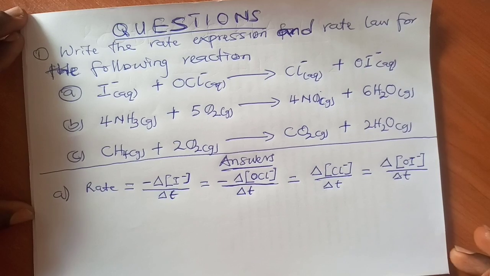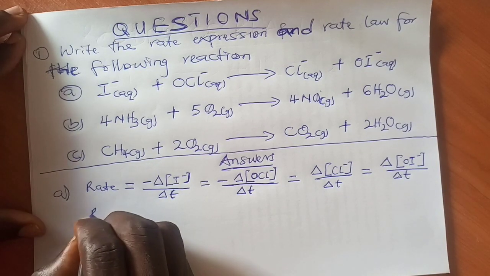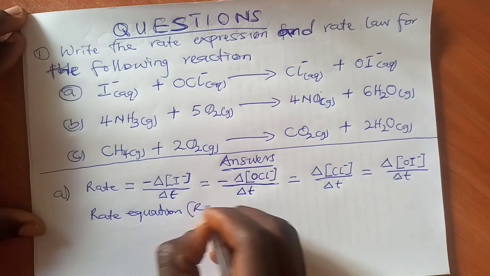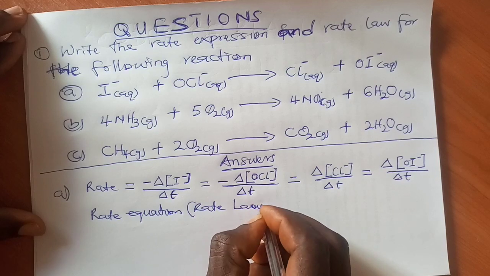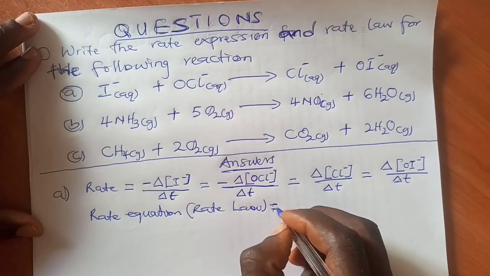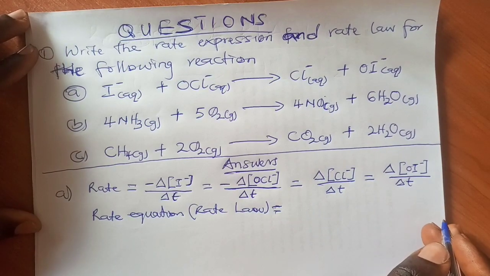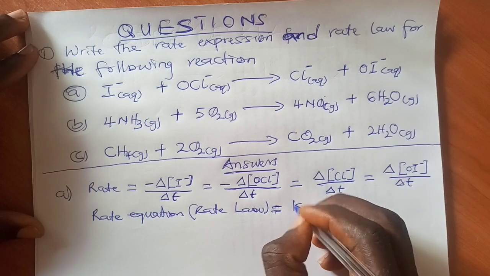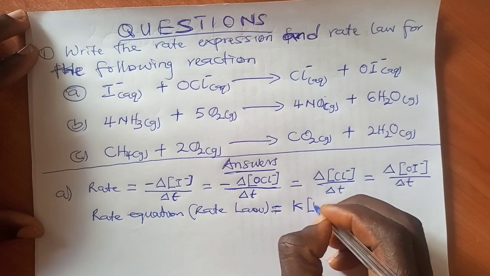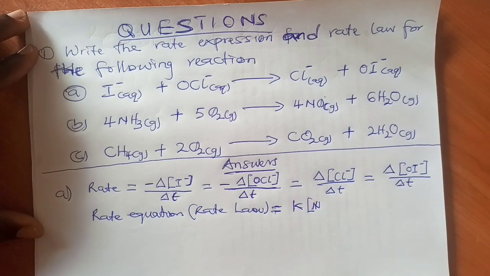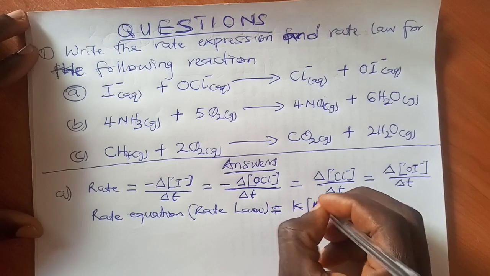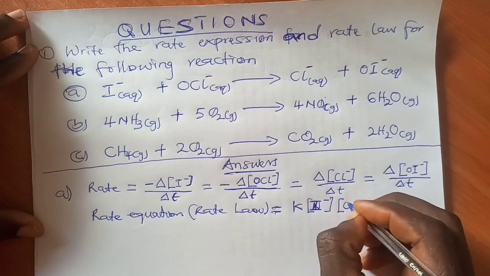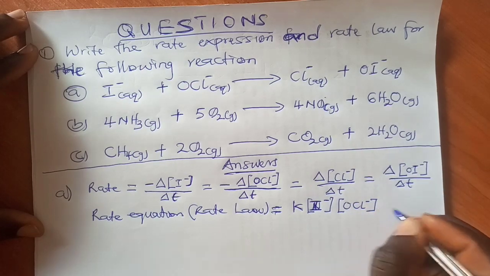Okay, that is the rate expression. And if we talk about the rate law or the rate equation, rate law is equal to, remember, go to my video on rate law and look at it. You talk about the rate constant times the concentration of iodide ion, times the concentration of OCl minus.